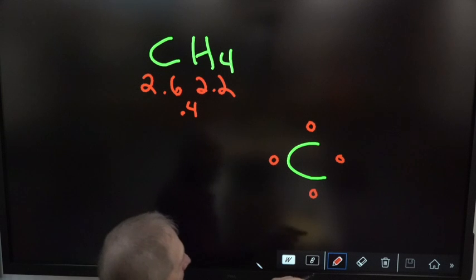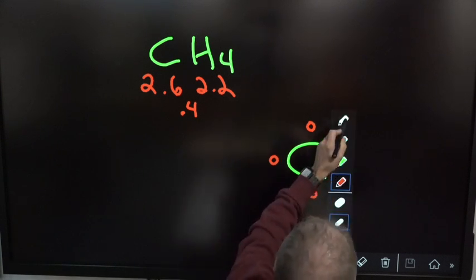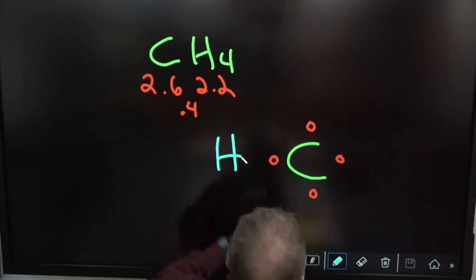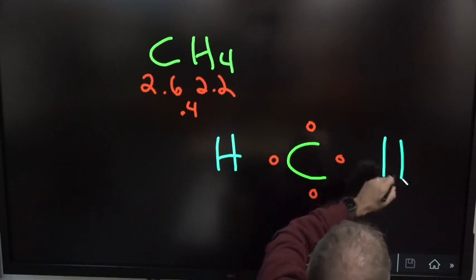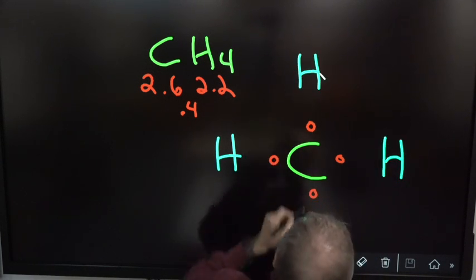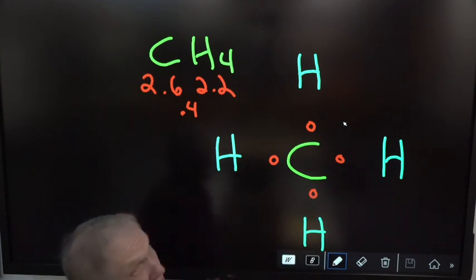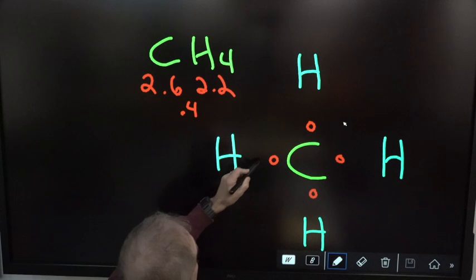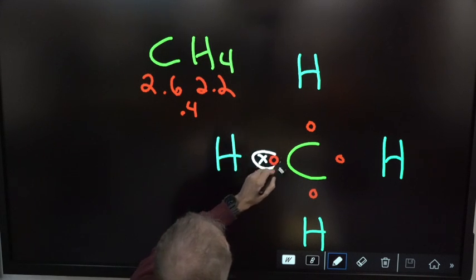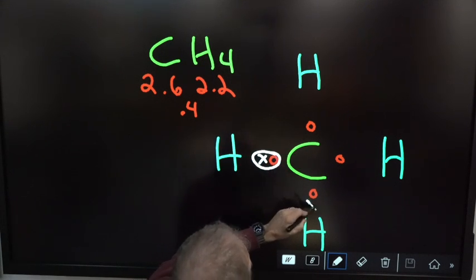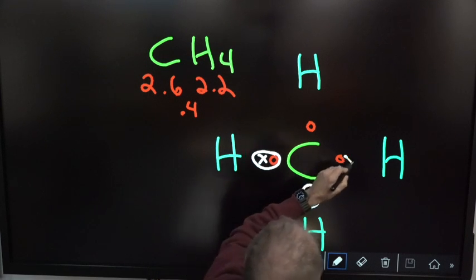The H's are all around that. H, H, H, H. Their electron, since carbon is a little bit stronger, not much, the pair is slightly pulled by the carbon, slightly closer to the carbon.